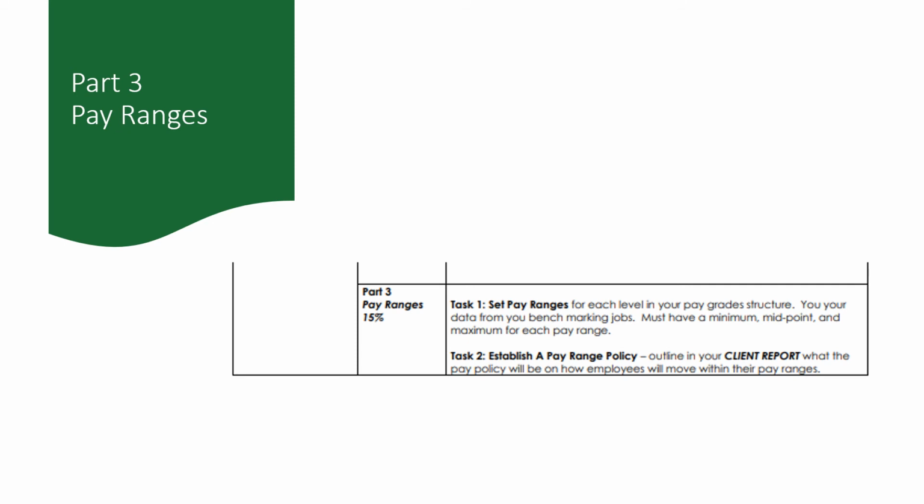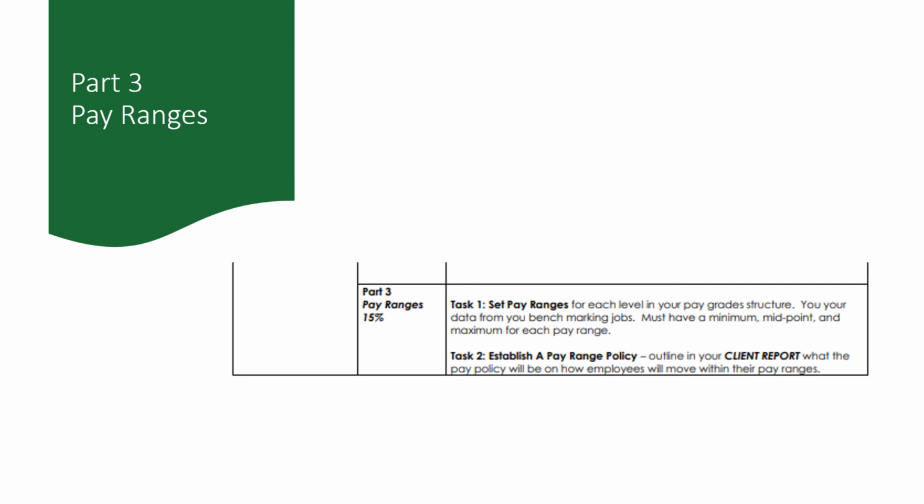And then in your client report, you have to establish your pay range policy. And that is, you have to talk about what would be your pay policy for your employees in relation to your pay range and how they move up in that pay range. So what is the criteria that will be followed by the organization to determine how they move up in the pay range for each of the pay grades?